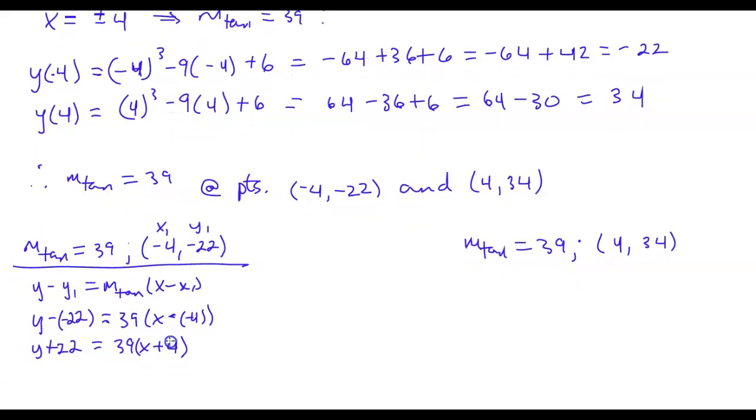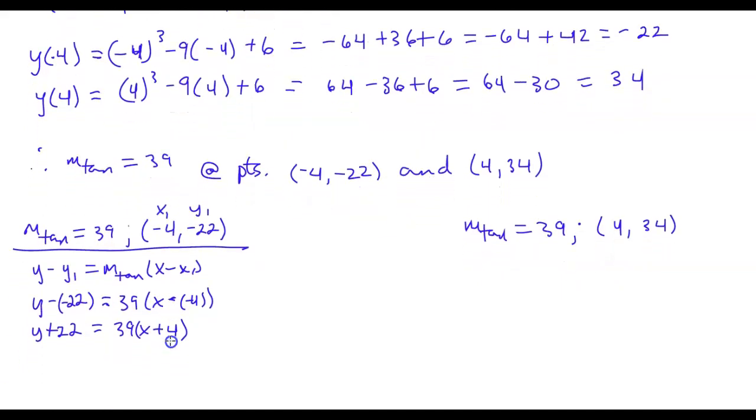And then from here, if I distribute, I have 39x plus 39 times 4. That's 6 with a 3, so that's 156. And we subtract 22 from both sides.